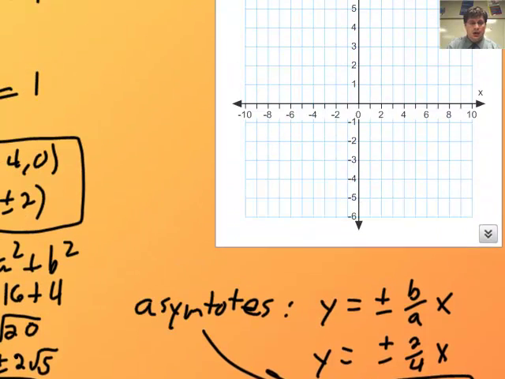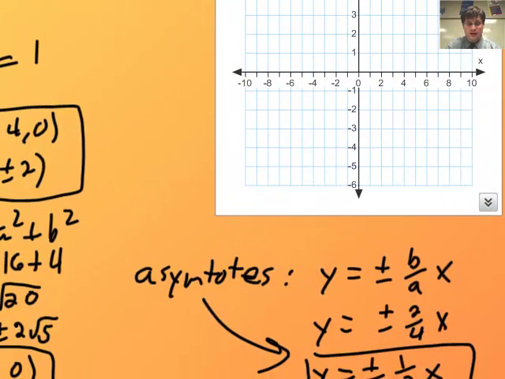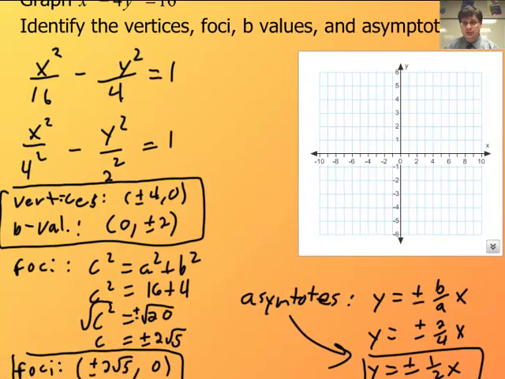Okay, now when graphing it, I'm going to plot all these points. I'll start off with the vertices. So we'll have one at positive 4 and negative 4. And the hyperbola is going to pass through those points. Those are the only 2 points it's going to pass through. The other points are going to be guiding points.